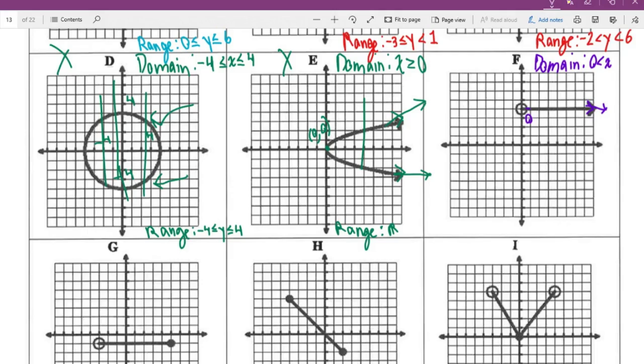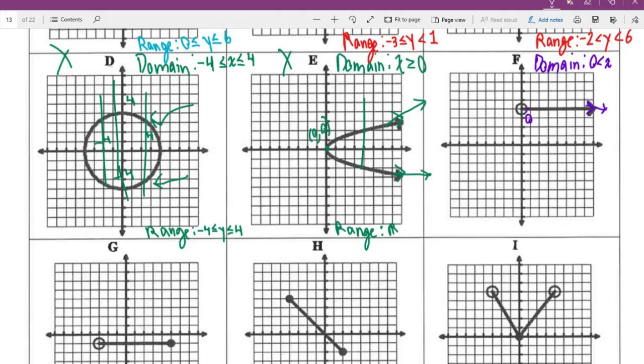We can either write 0 is less than x, or we can switch it around and say x is greater than 0. These two mean the same thing, whichever you prefer, but we've already done that, so our job is done for the domain.